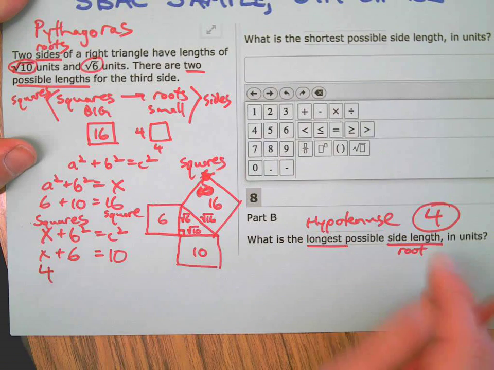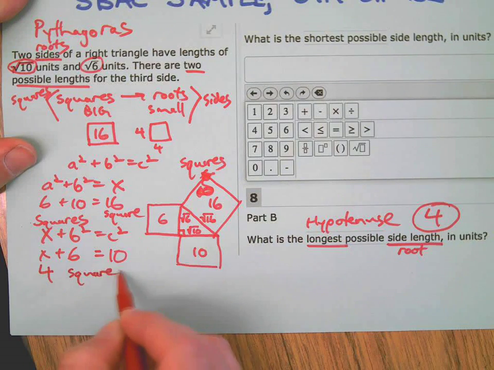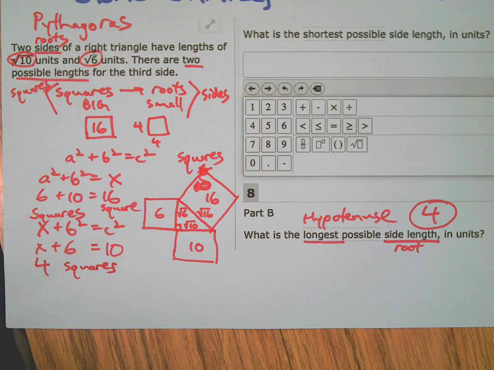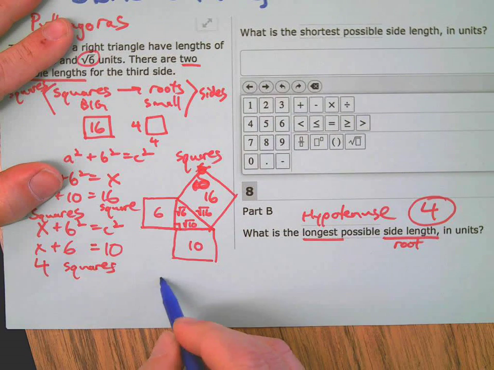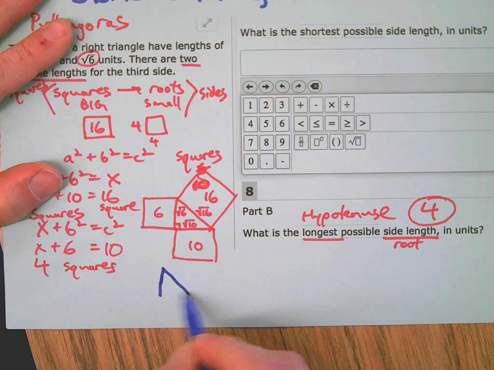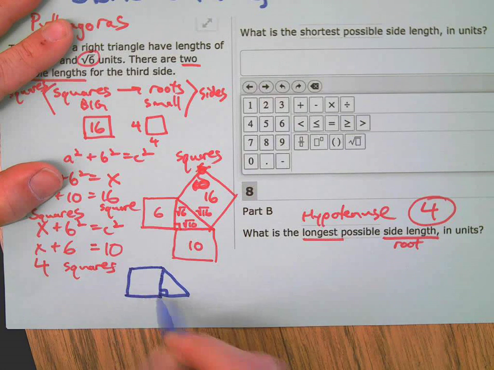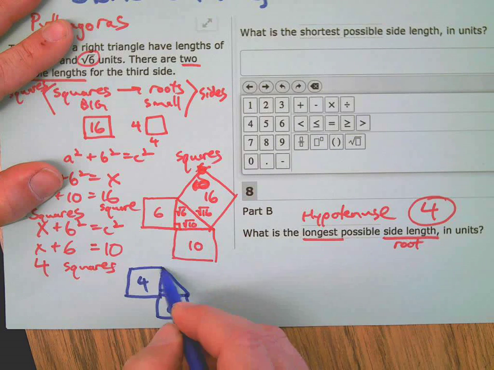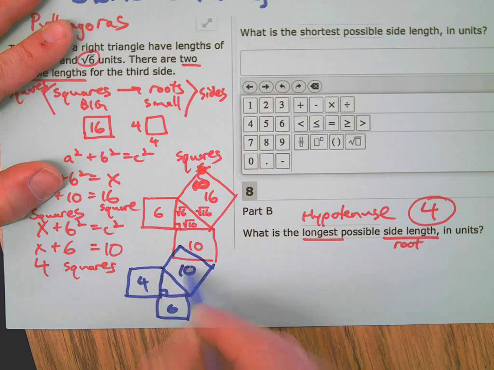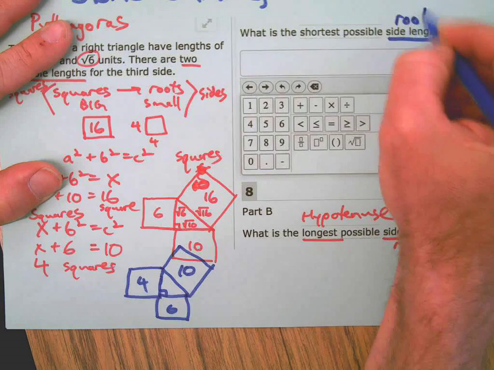So this square is 4. Remember, these are squares. I know. Said that 15 times. Let's change the color. Or 26 times or whatever. So, if I had my little triangle, my little model down here, and I had squares of 4 and 6 and 10, it's asking for the side length.